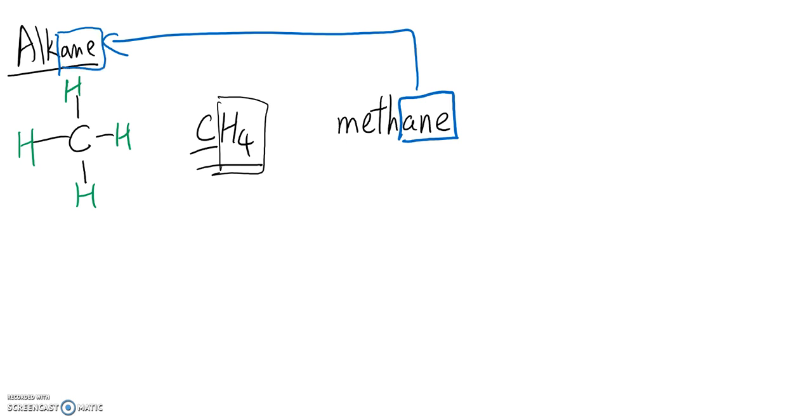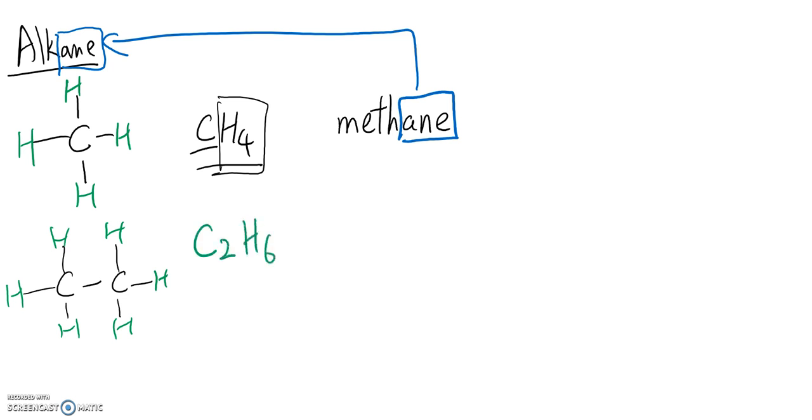So the second member of this homologous series, as you notice, should contain 2 carbons. But for 2 carbons, we have to add a total of 6 hydrogen atoms. So if we try to write up the molecular formula, we can simply write C2H6.